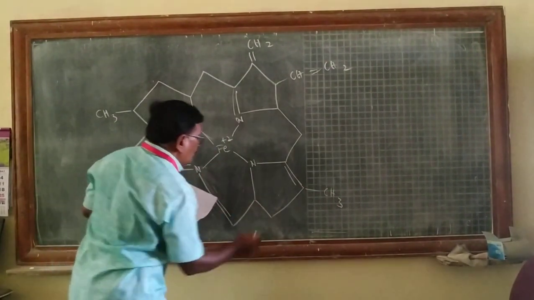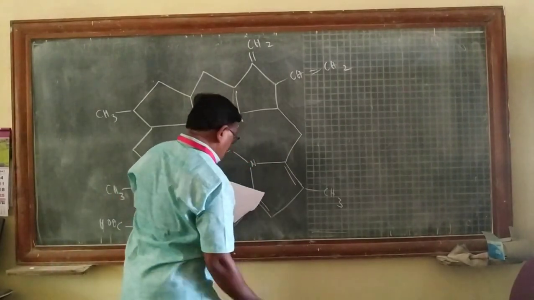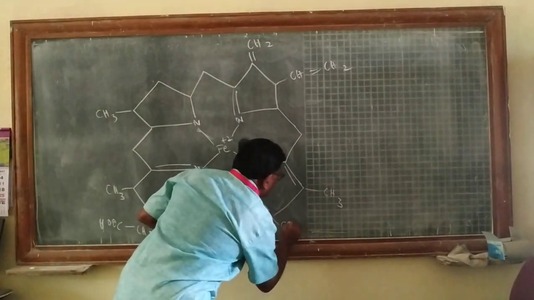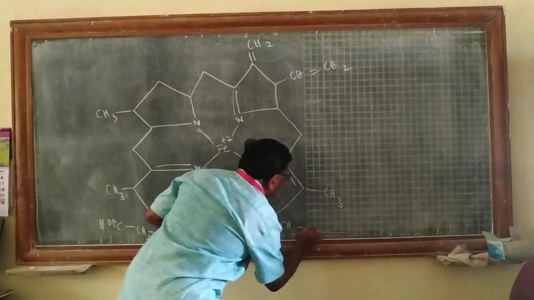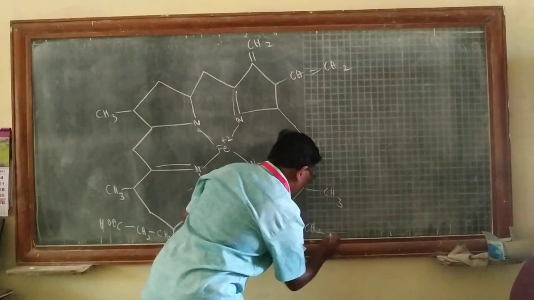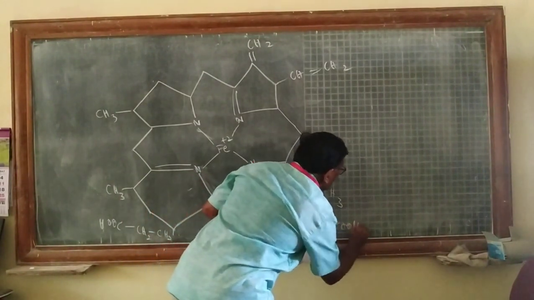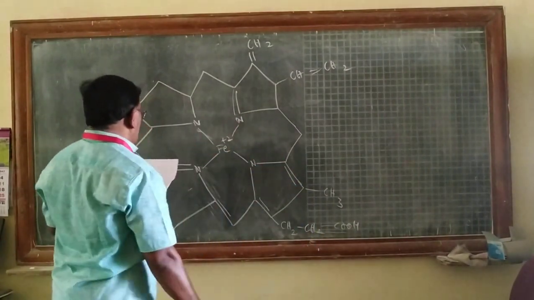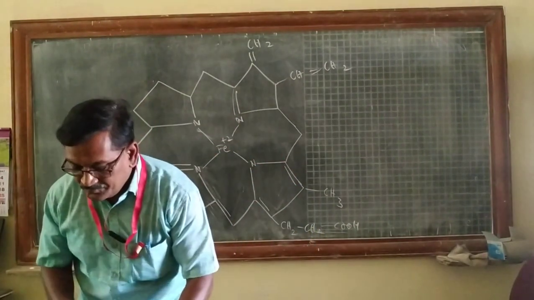This is a double bond, this is a double bond, and it will have CH2. This is CH2 and this is COOH.